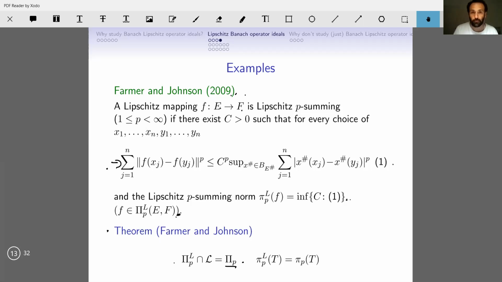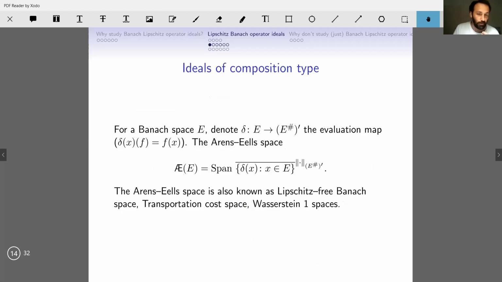For example, we have extensions of nuclear, p-nuclear, integral, p-integral, Pietsch integral operators, compact operators, and much more. So there is a natural way to construct a Lipschitz Banach operator ideal from a linear operator ideal. And that, I say, is using the Lipschitz free space that I will describe now briefly.